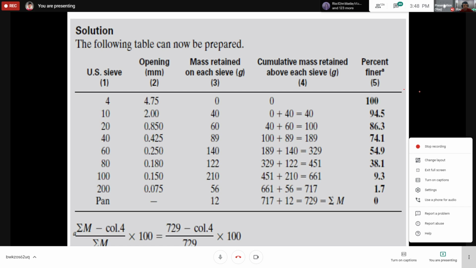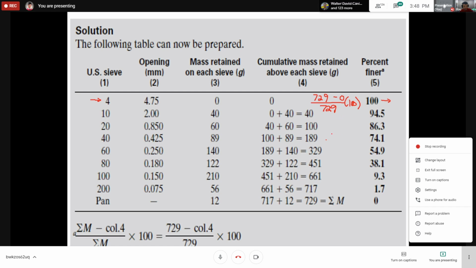So diri sa inyong fifth nga column, so again if we manually do the calculation, so that's 729 minus the cumulative mass, 729 times 100, di ba? So 1 times 100 man na siya. So muna siya 100%. So meaning ana, ang tibok soil ni pass through sieve number 4. Why nakabilin sa sieve number 4?